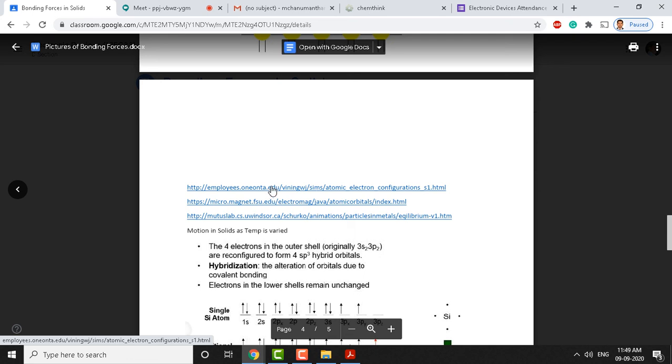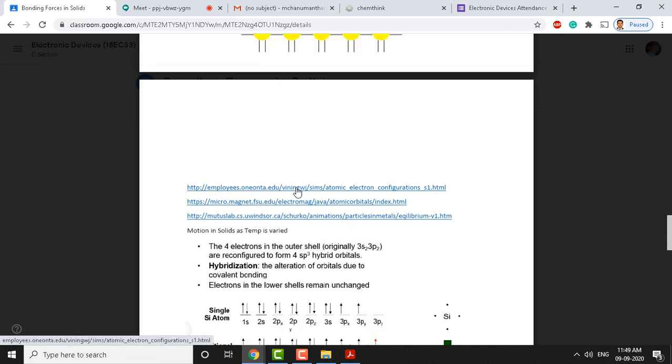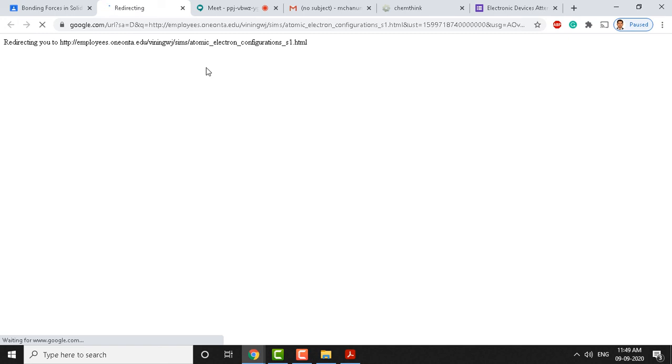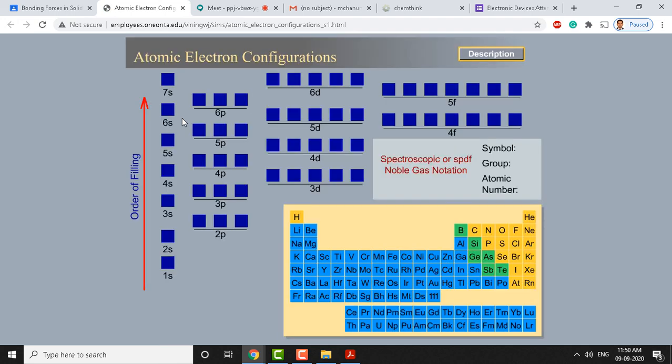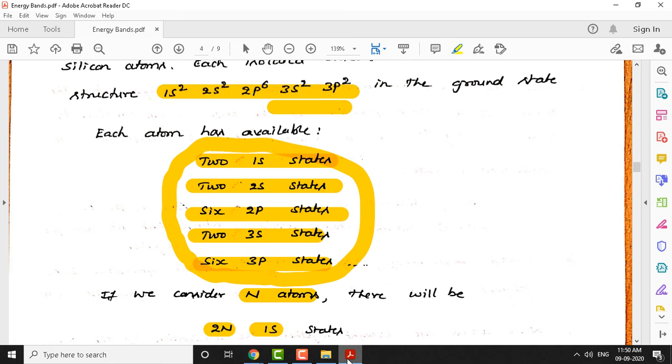Here you can see the atomic orbital electronic configuration, which we discussed in the last class itself. Just to show for your reference, let me pick silicon, and this is what I was talking about in the notes material. So here 3s and 3p.